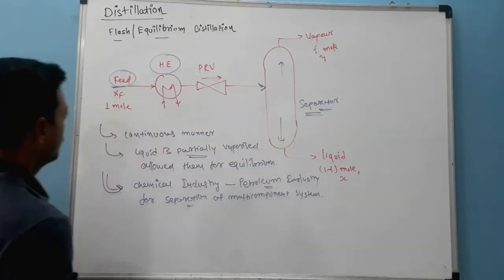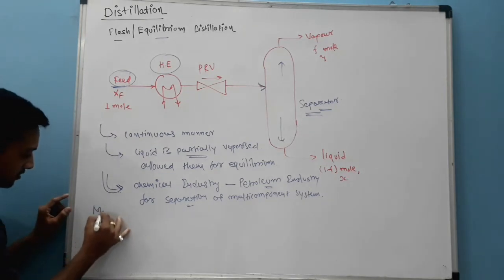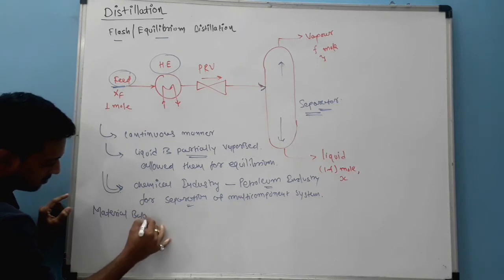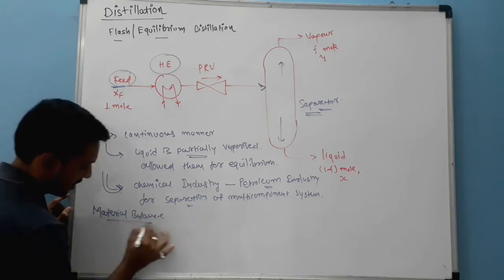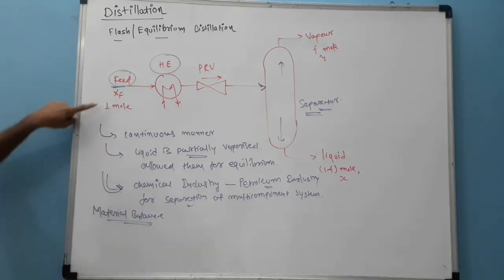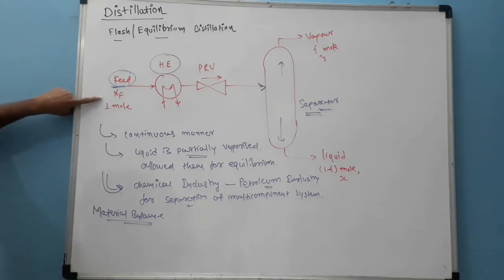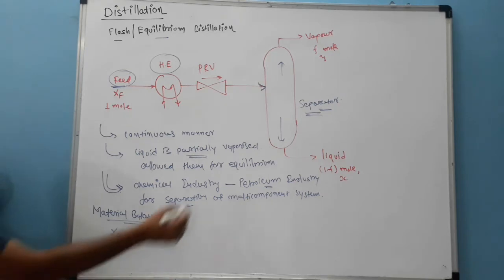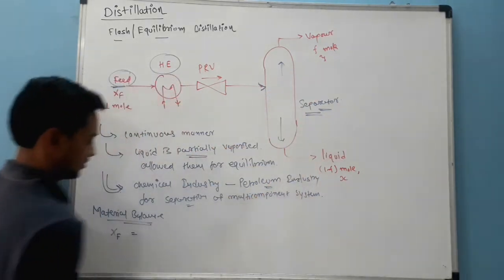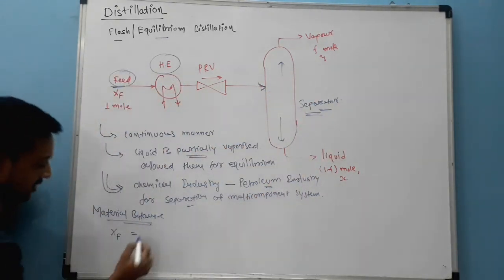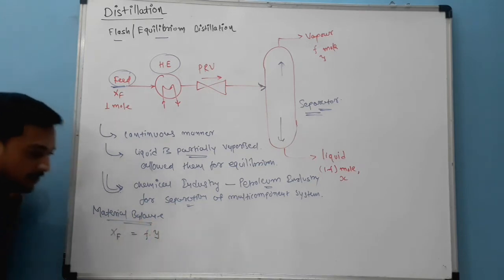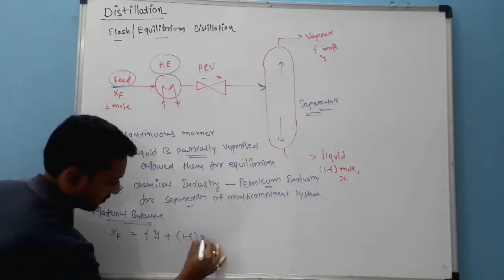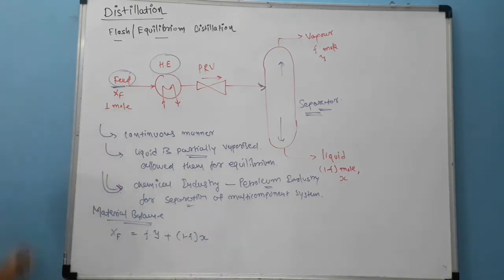Now, material balance. Feed having a mole fraction XF is equal to vapor plus liquid. So vapor moles, that is F in vapor, plus 1 minus F in liquid.